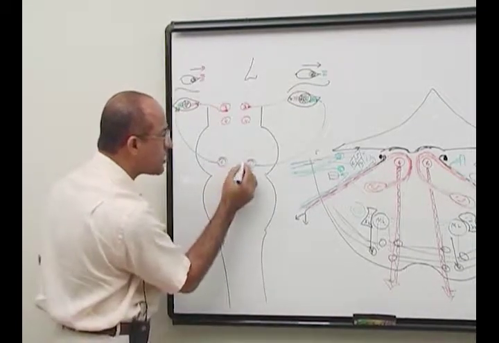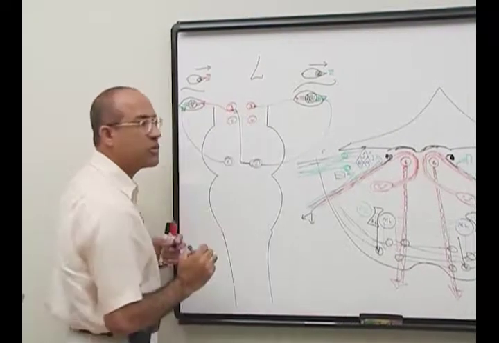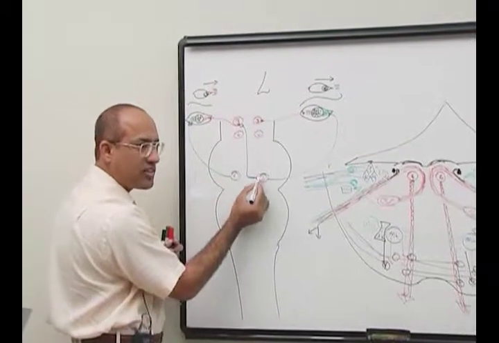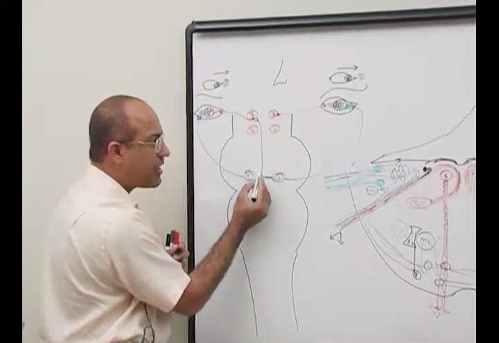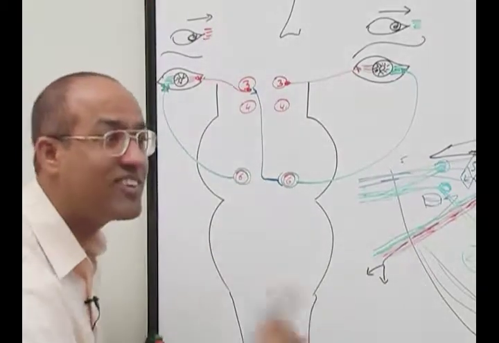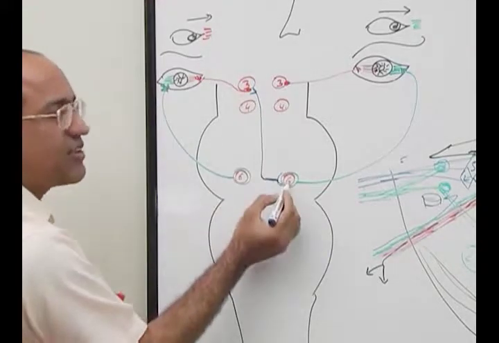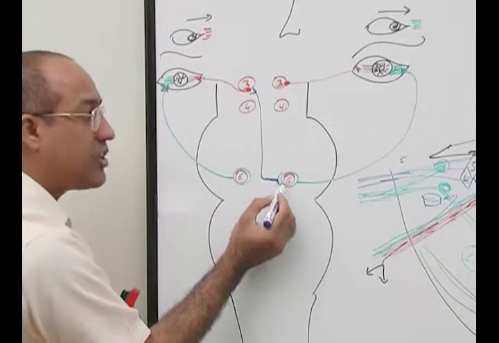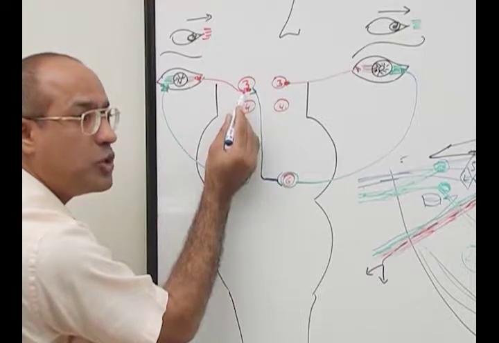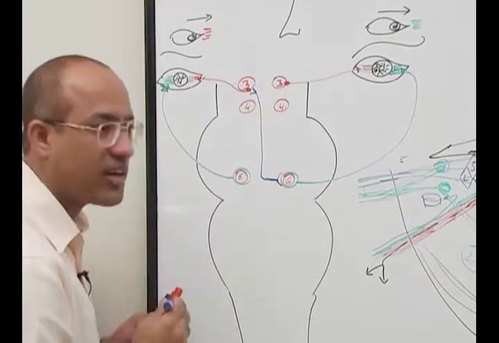So nature has provided a very special type of interconnection system between the nuclei of the brainstem. Whenever the 6th nerve nucleus is activated, through this pathway it immediately activates the contralateral 3rd nerve nucleus, so that if one eye is abducting, simultaneously the other eye should adduct.